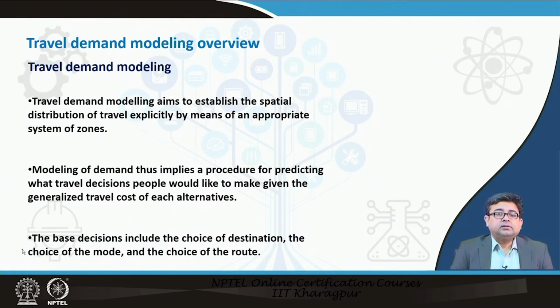When you look at transportation demand modeling, it aims to establish the spatial distribution of travel explicitly by means of an appropriate system of zones. We will look at it in the next slide in a step by step manner, but what we are essentially saying is that your city could be vast. So, to exactly know where people are traveling to and from may be very difficult, but on an overall level, you can say that people usually in the morning travel from where they live to where they work.